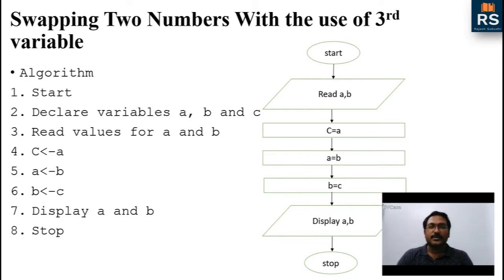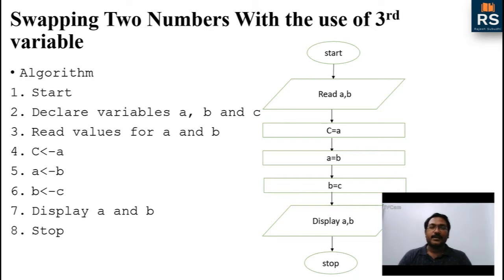The third step is that we take two values, so we have to accept two values in a and b. Then steps 4, 5 and 6 are the actual algorithm, the actual logic behind swapping two numbers. For now, just see it or just remember it: c is equal to a, a is equal to b, b is equal to c.